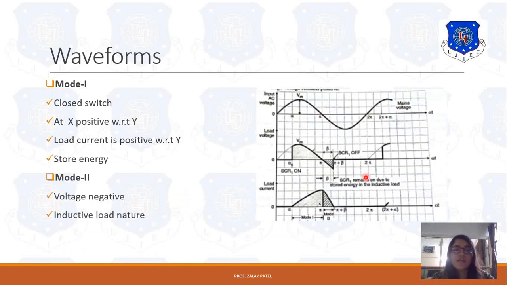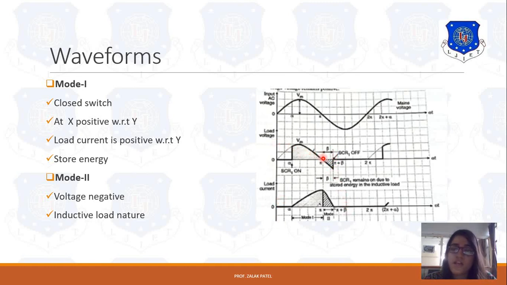And because of that negative voltage, here you can see that the voltage will be decreasing because X is at comparatively negative potential, but this voltage will induce the current, and according to Lenz's law, the induced EMF opposes the reason behind the current. That's why over here the opposite polarity will be seen between load voltage and load current.